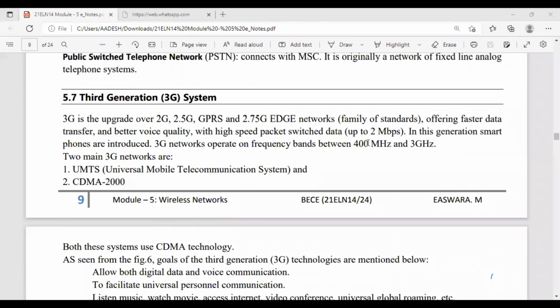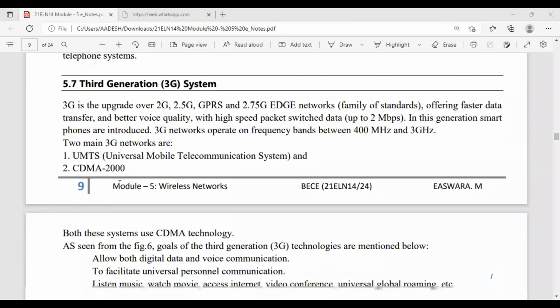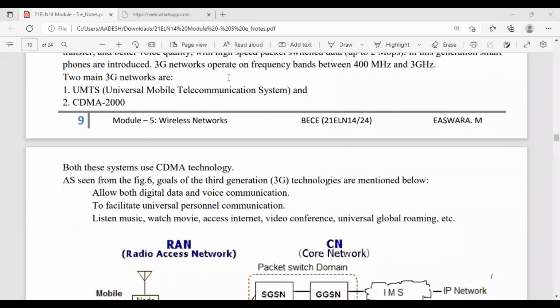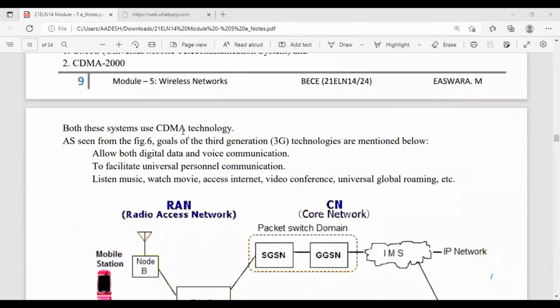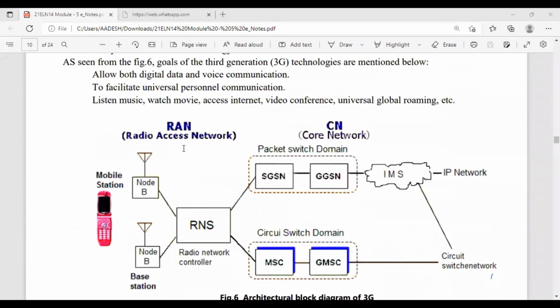You can see it is from 400 megahertz to 3 gigahertz, and the frequency bands are distributed in between. There are two main networks in 3G. One is Universal Mobile Telecommunication System, and the next one is CDMA 2000. Both these systems use CDMA technology, right?